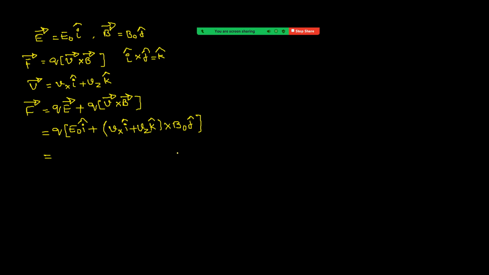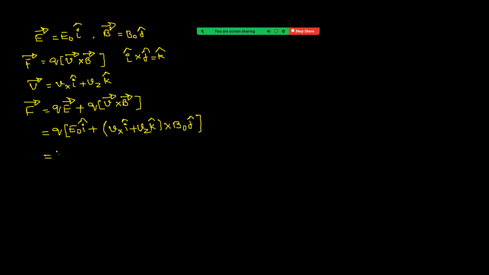Now see the calculation part. i cap cross j cap is k cap, and k cap cross j cap gives minus i cap.